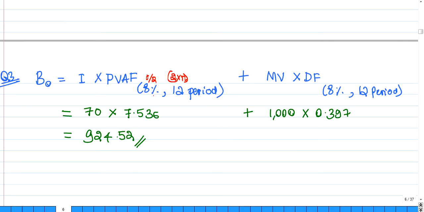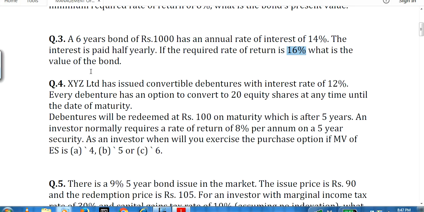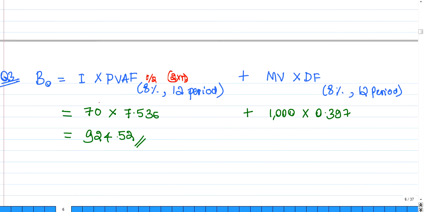R divided by 2, that is R is 16 divided by 2, 8%. Interest is 14%, so you will calculate 7%, 1000 into 7%, that will be 70 rupees. Very easy to calculate. This is the annuity factor for 12 periods and the maturity value at the 12th period. We will calculate like this. The value of the bond is 924.52.